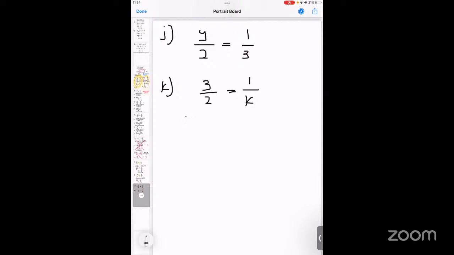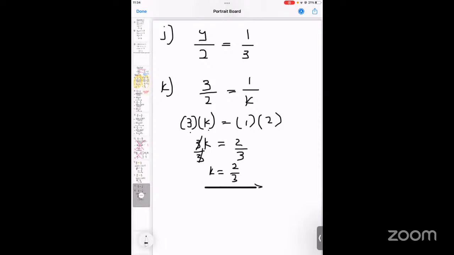So we will have our 3, our K, our 1, our 2. That times that is equal to that, that times that is equal to that, then we divide both sides by that, so that cancels with that, and then we have that which is equal to that. Then it's done. Does it make sense, Manahil?